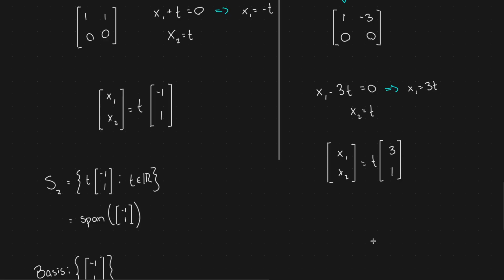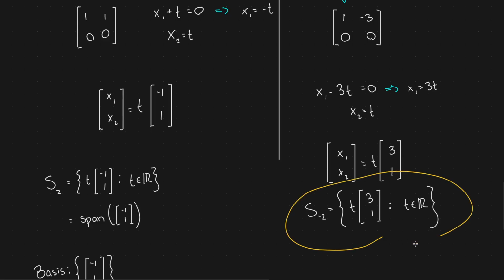Some scalar multiple of vector 3, 1. So the eigenspace associated with eigenvalue -2 is equal to all vectors that can be written in this form, for any real number t. Okay? Every vector in this space is an eigenvector of the eigenvalue -2.